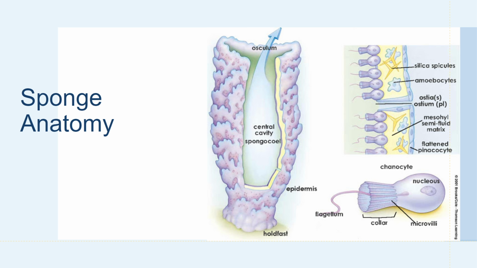Sponge anatomy is viewable here in the image to the right. Notice the osculum at the top, it acts as an opening to the central cavity or spongocoel. And we're going to see that sponges are filter feeders.